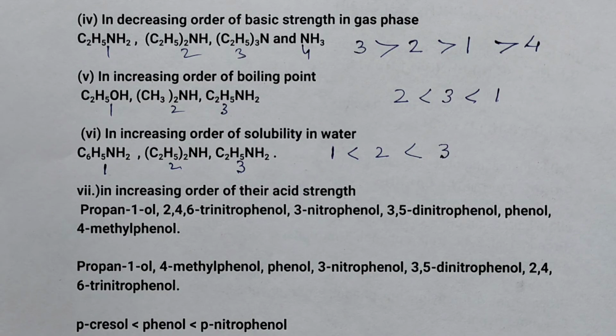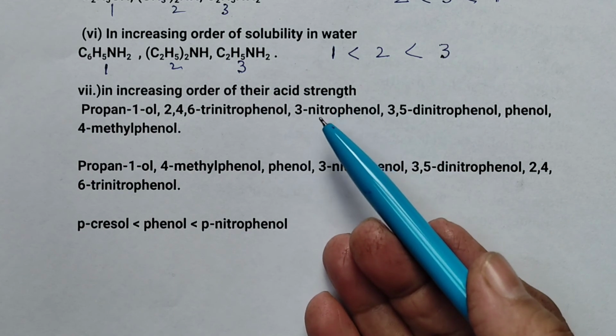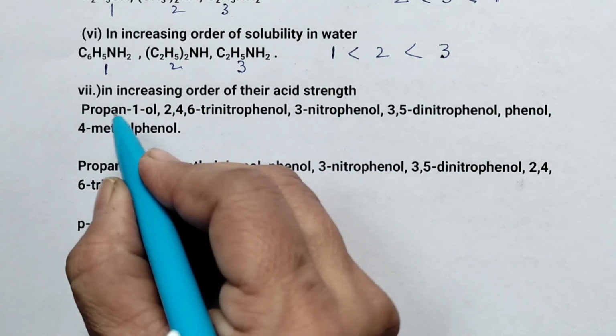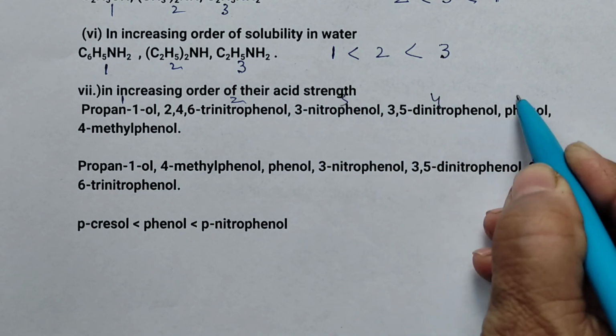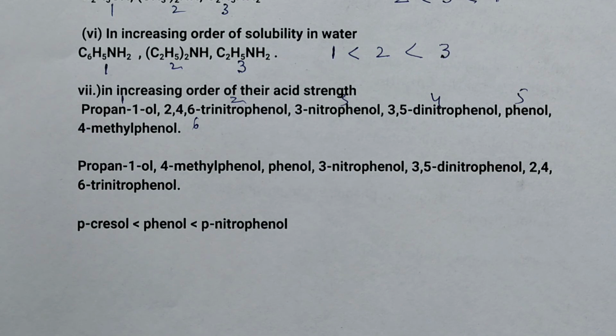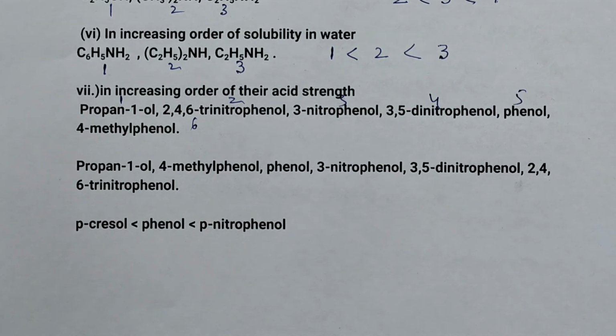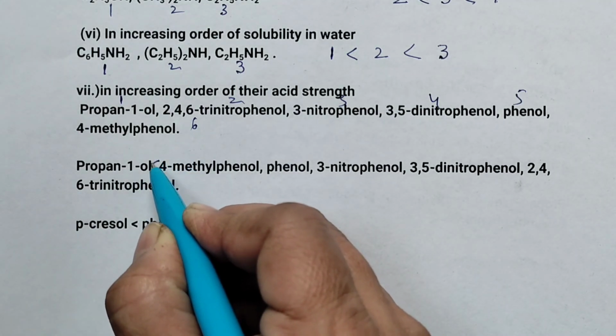Fine. Then the next question is again acidic nature, but apart from alcohol, phenol. So 1, 2, 3, 4, 5, 6. Keep in mind that the more the withdrawing groups, the more will be the acidic nature. So it's already arranged in the same order. See, alcohol will be least.